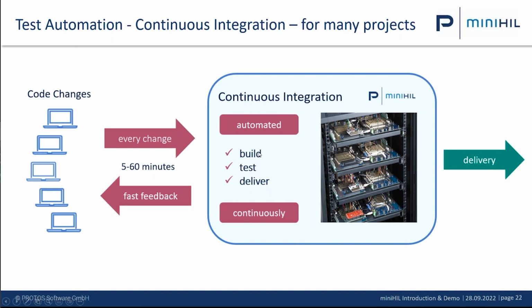Doesn't matter whether it's the test system or the system under test, it's always the same process. So we build the system, we test the system, and potentially we deliver the system because it's already tested. So maybe you can already deliver it automatically to the system test department, or even to your customer, depending on your setup. So automation is here the key.